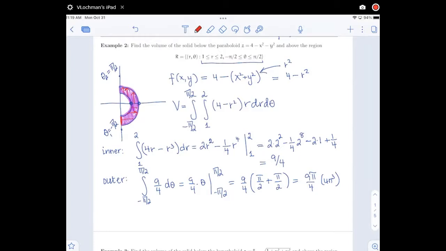This limit right here would be something like what? This is a circle of radius 2, so x is equal to square root of 4 minus y squared, right? But also imagine using this as the limit of integration. It just gets really, really messy.